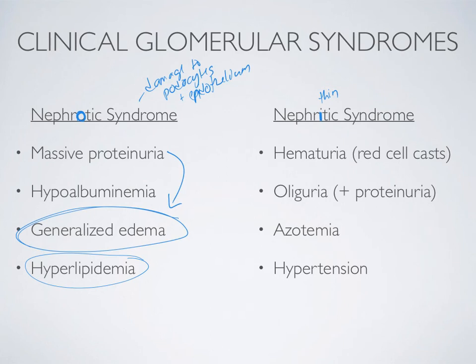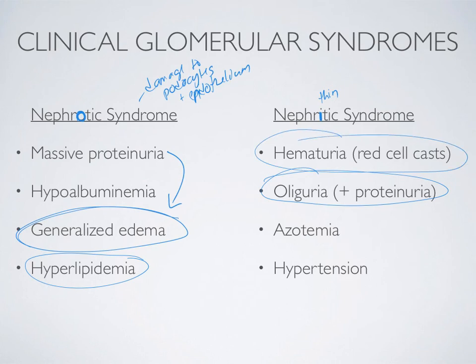And that's in contrast with nephritic syndrome. So people with glomerular damage that don't have a lot of proteinuria and a lot of generalized edema have nephritic syndrome. Usually you'll see hematuria, red blood cells in the urine. Oliguria is the biggest clinical symptom. People usually present with hematuria and oliguria.